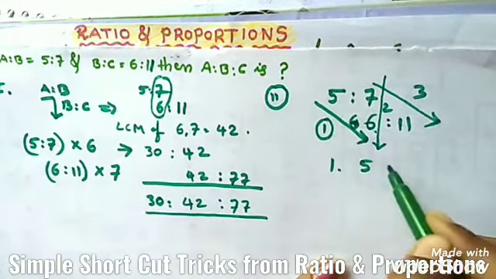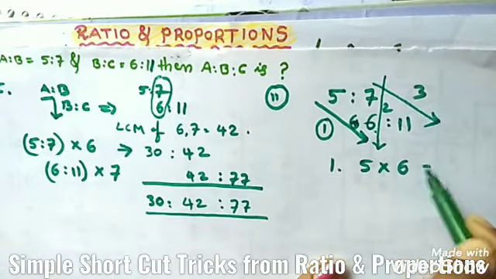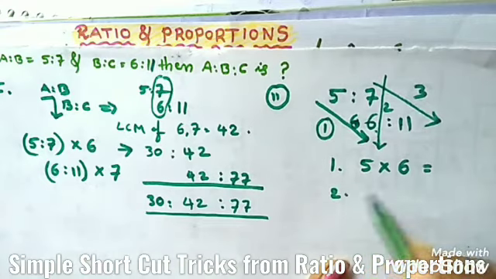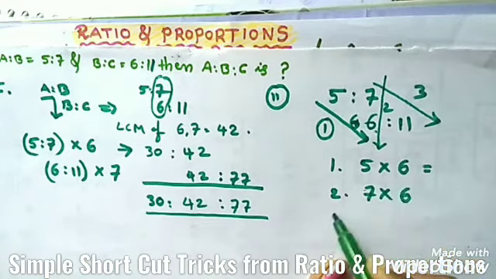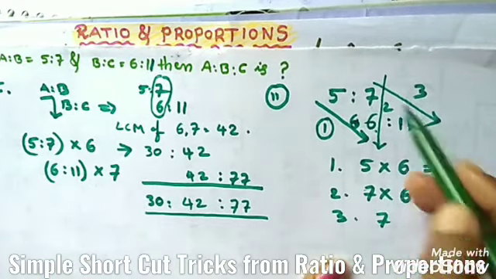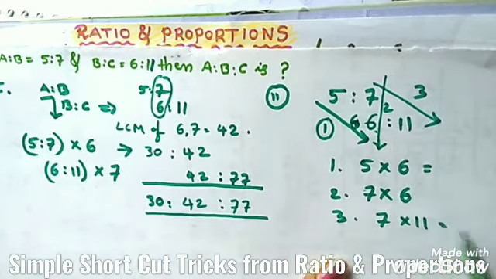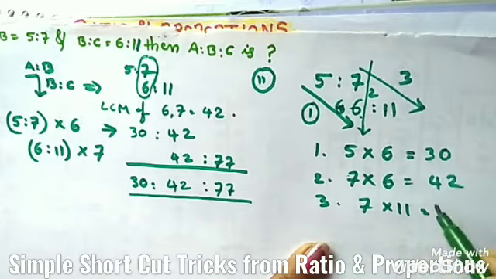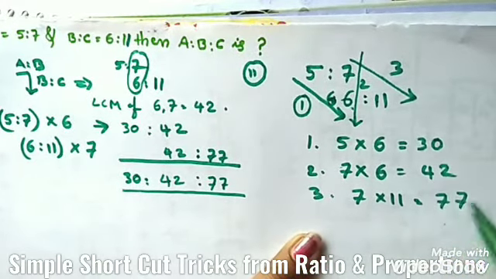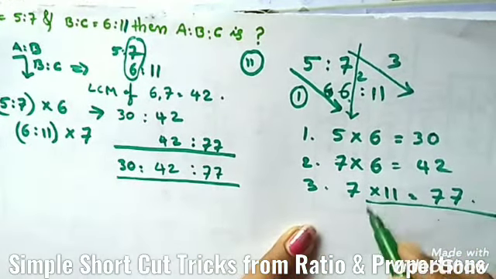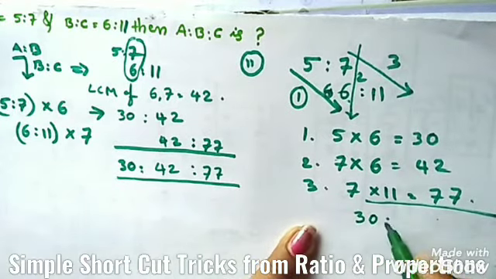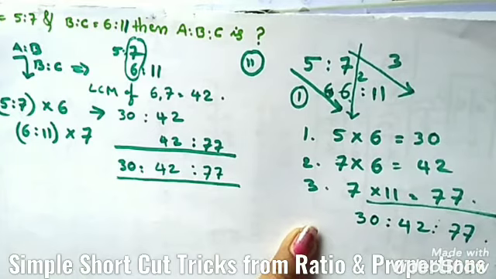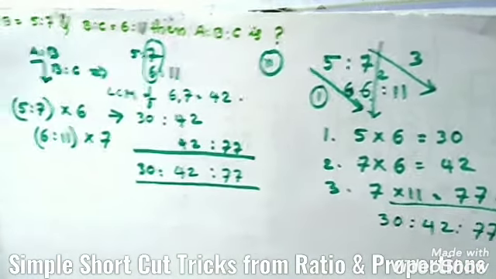In step 1, 5 into 6, and in step 2, 7 into 6. Step 3, 7 into 11. Here 30, 42, 77. So answer is 30 is to 42 is to 77. That is trick number 2.